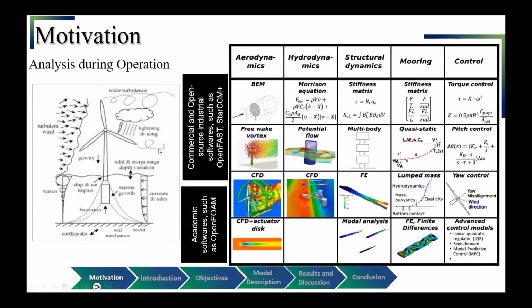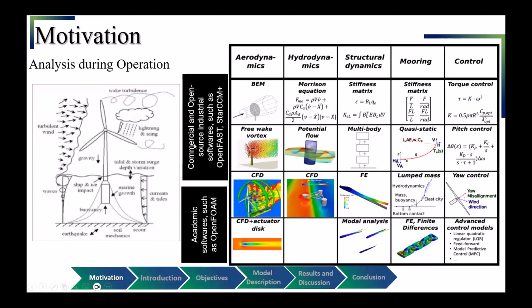Floating offshore wind turbines face several hazards, including severe weather conditions such as storms, high winds, and large waves, currents, and tides, ice impacts, which can put stress on the turbine structure and its mooring system, besides the wind turbulence and wake turbulence on the blades. To take care of all of these hazards in numerical simulations and simulate this severe turbulent weather, we need a high-fidelity CFD tool.